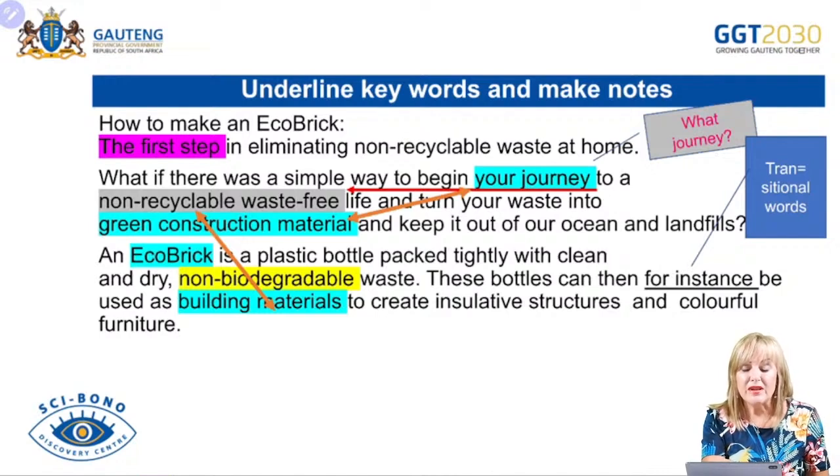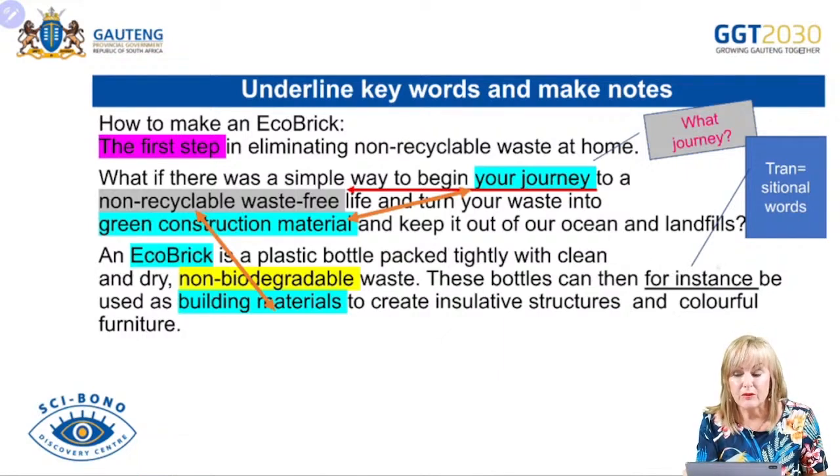To a non-recyclable, waste-free life, and turn your waste into green construction material and keep it out of oceans and landfills. An eco brick is a plastic bottle packed tightly with clean and dry non-biodegradable waste. These bottles can then, for instance, be used as building materials to create insulative structures and colorful furniture.